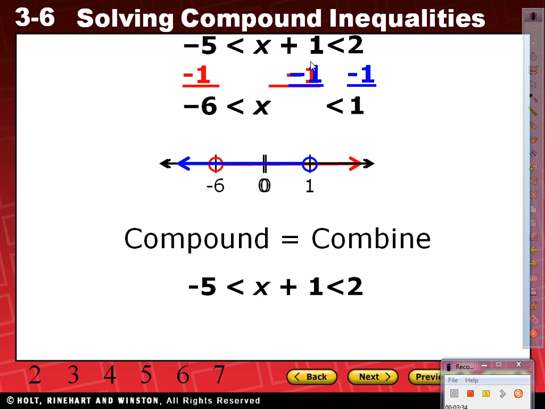Okay? So, with that said, on the left-hand side of your notes, I want you to write compound equals combine. And in blue, I'm going to write the definition for compound inequality.